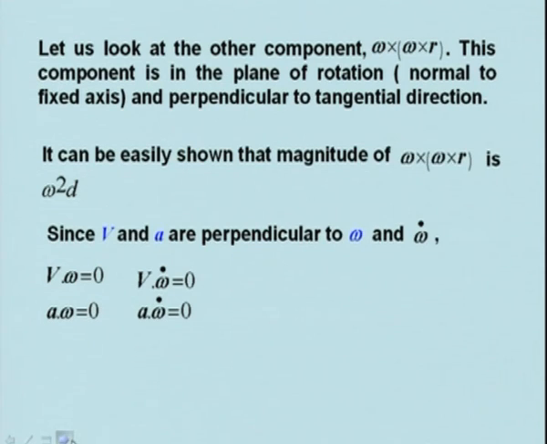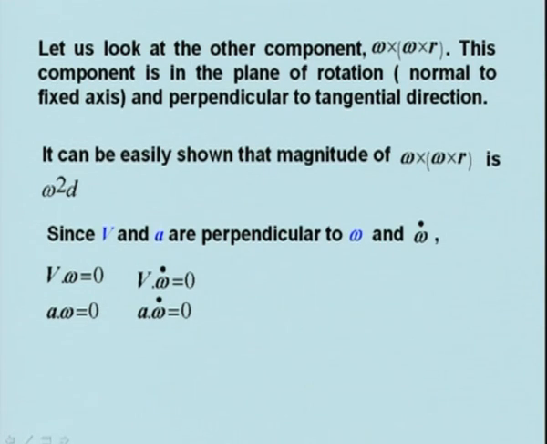Now let us look at the other component, omega cross (omega cross r). This component is in the plane of rotation, that is, normal to the fixed axis and perpendicular to the tangential direction. Therefore it is in the plane but in the normal direction.